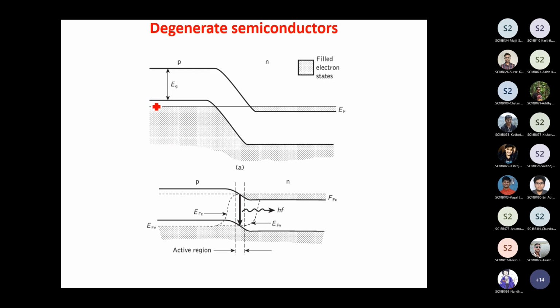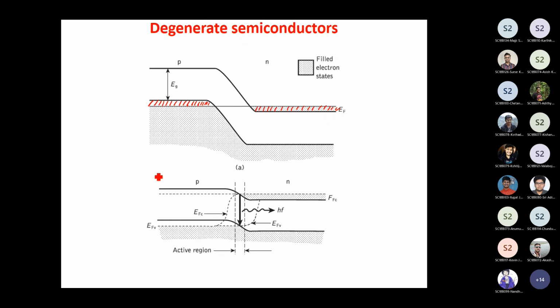So these are holes, and these are electrons. This is the energy band diagram of a semiconductor laser at equilibrium when no voltage is applied.